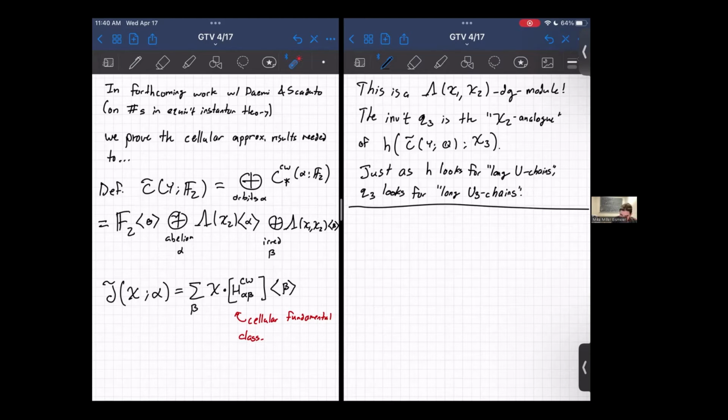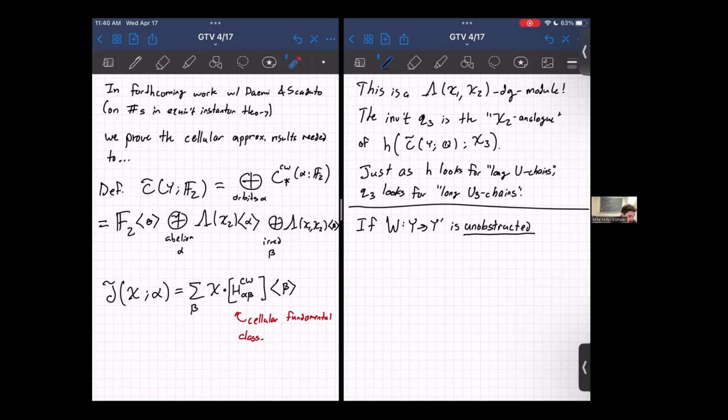Now, just as with stuff involving the H invariant, if I have a cobordism, I'm going to add a technical condition here.